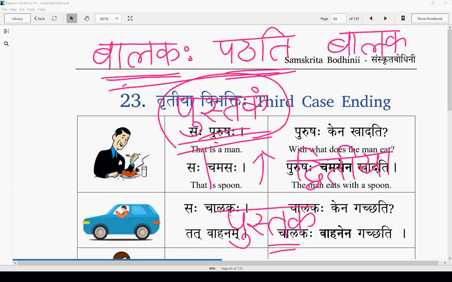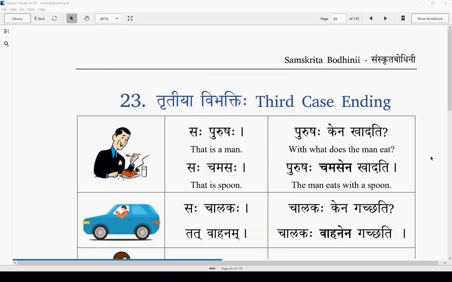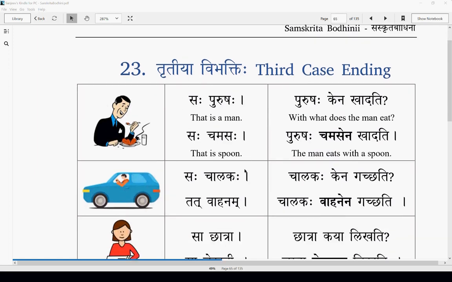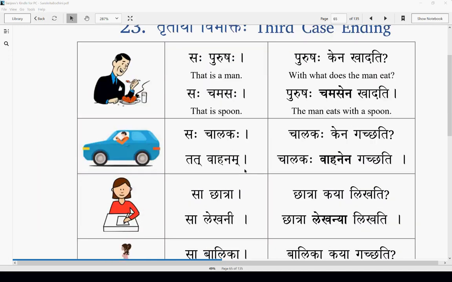Now, the next one, third. Saha Purushaha, Saha Chamasaha. Purushaha kena khadati? Purushaha chamasena khadati.